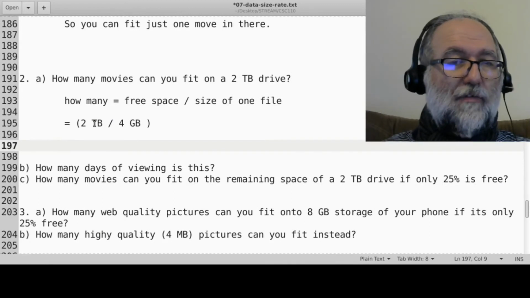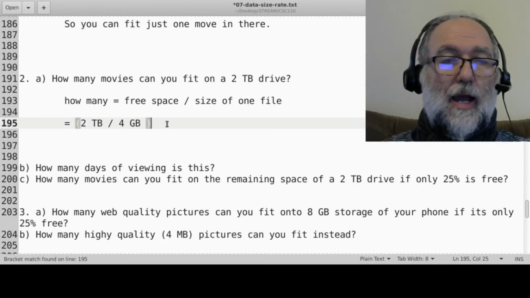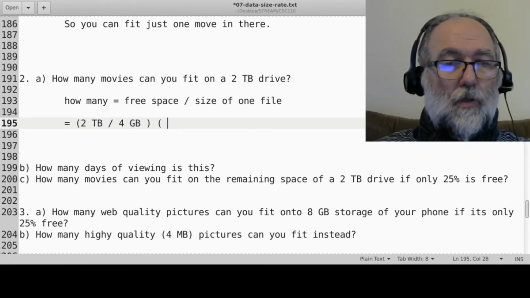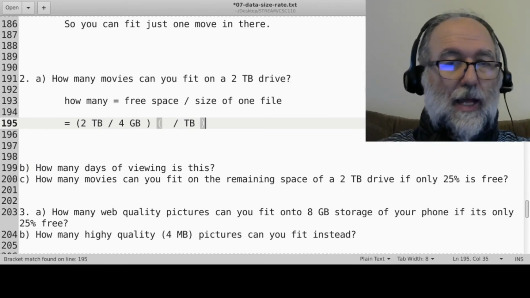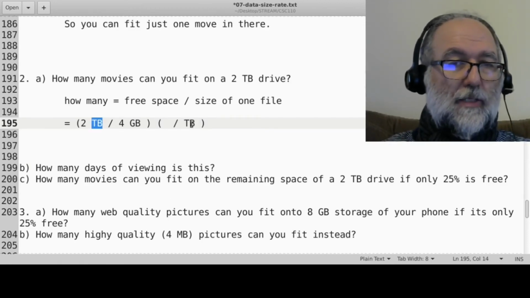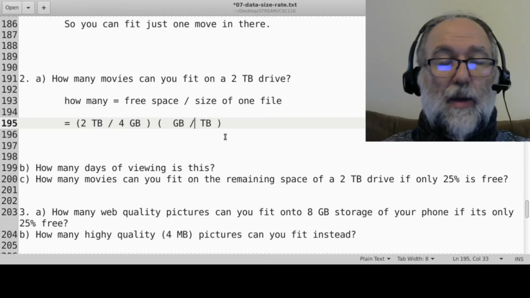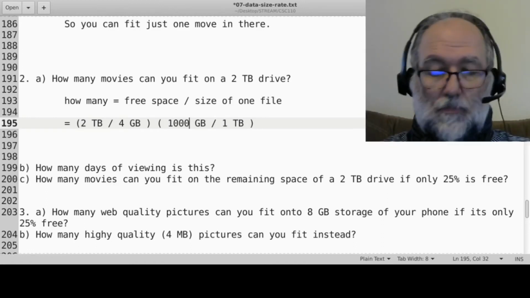You take a look and you go, oh, I've got terabytes in the numerator and gigabytes in the denominator. I need to fix that. We want to make sure that the terabytes cancel, and we want to convert to gigabytes. A terabyte is bigger, so 1 terabyte is 1,000 gigabytes.